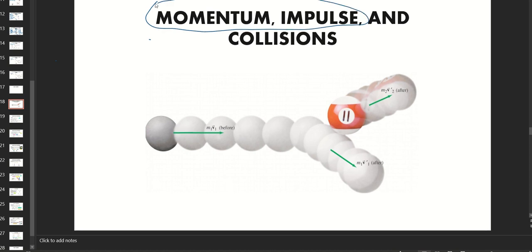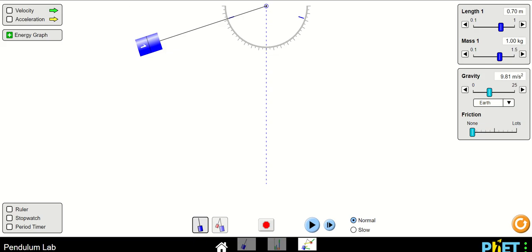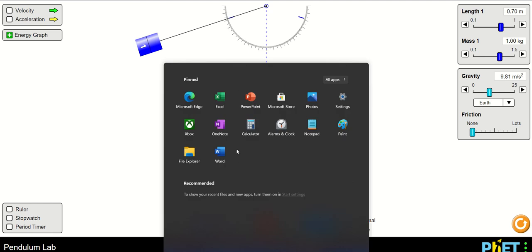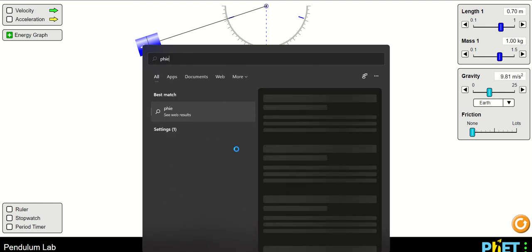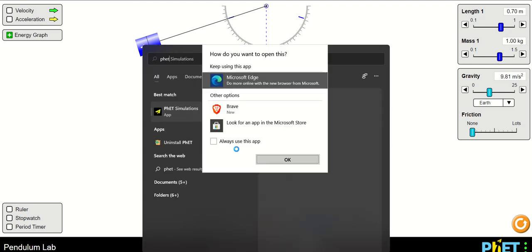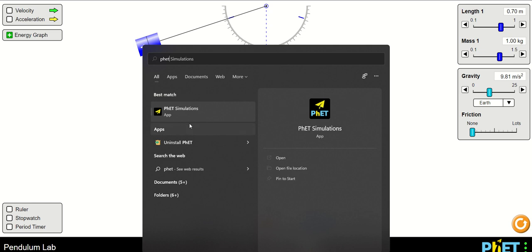May pakita ko sa inyo. Kung sino man ang mga nanonood ng billiard dito, parang momentum impulse ko, mga ganyan. So, hanap tayo sa PhET simulation, baka merong collision. Try natin.